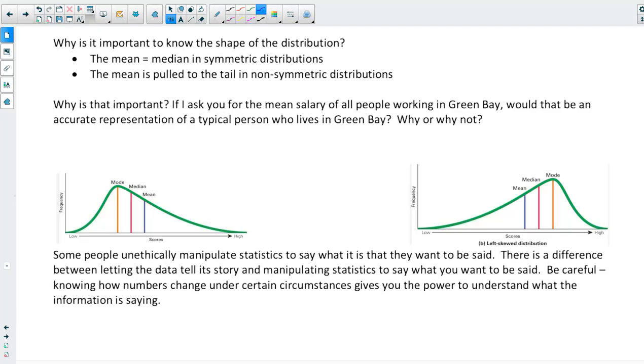But companies will always advertise and say, hey, our average salary is like $65,000 or $70,000. Doesn't sound too shabby. Except they can skew their data and manipulate it to show what they want.